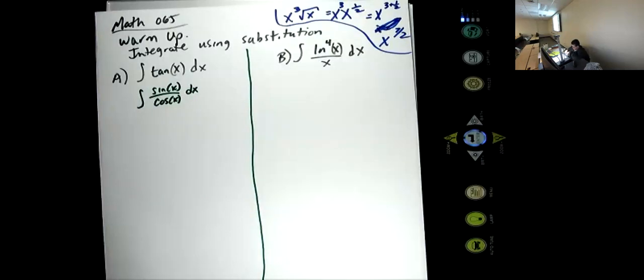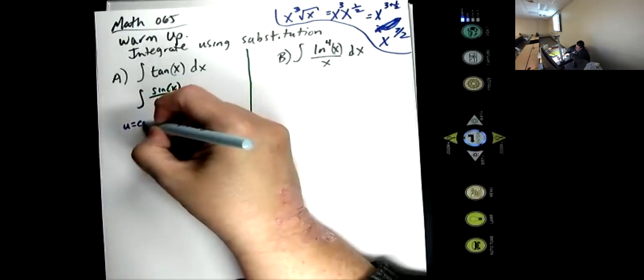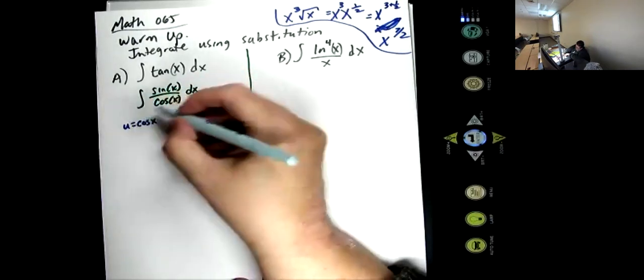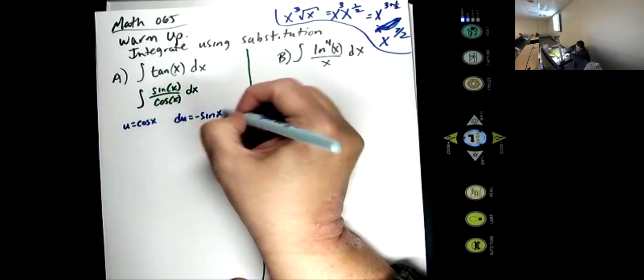Right? Hopefully you went with u equals cosine x. So du equals negative sine x dx.